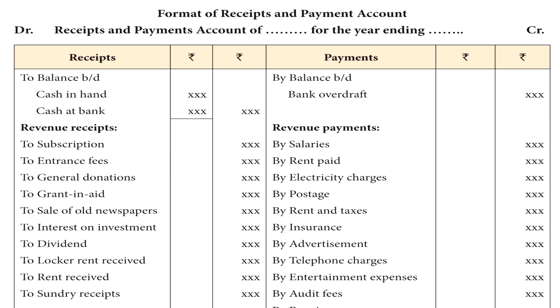Then all revenue receipts: to subscription, to entrance fees, to general donation, to grant in aid, to sale of old newspapers, to interest on investment, to dividend, to locker rent received, to rent received, to sundry receipts.